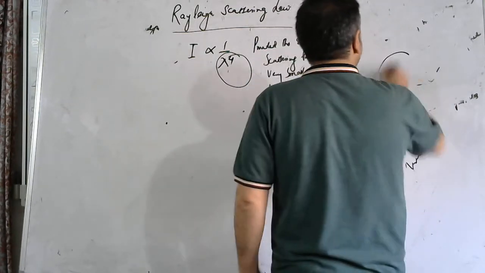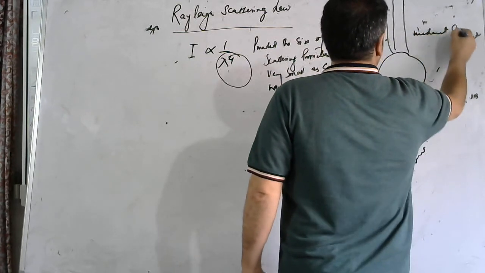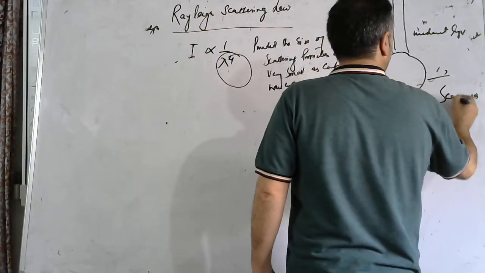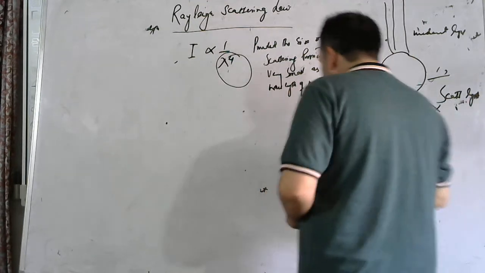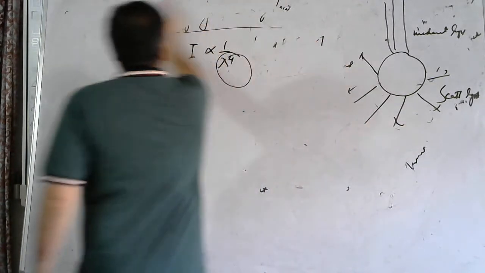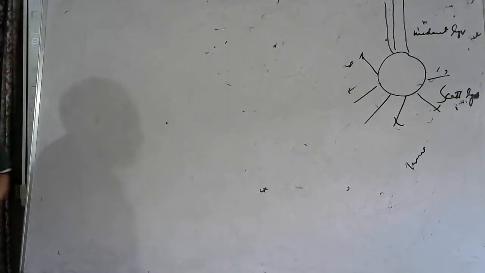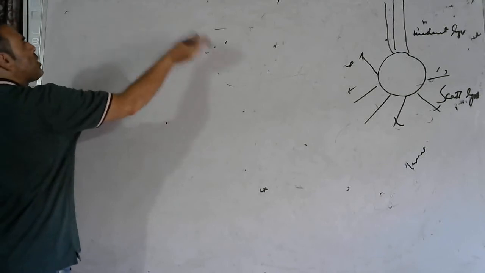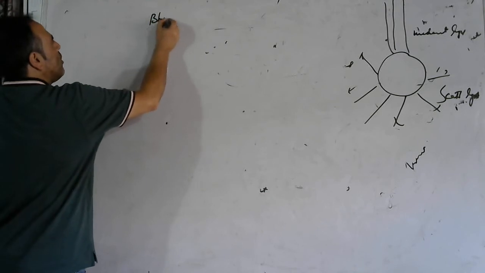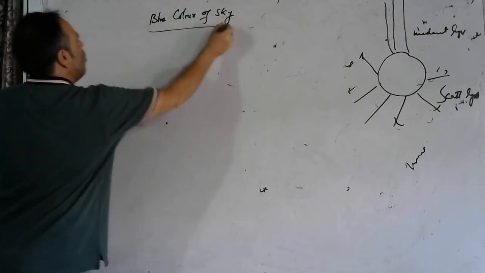We will explain why the color of the sky is blue, why it is not black, why it is not red, why it is not green. So the first phenomenon which we explain on the basis of Rayleigh scattering law is the blue color of the sky.